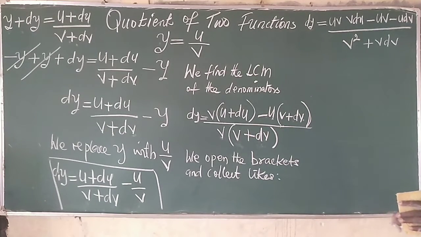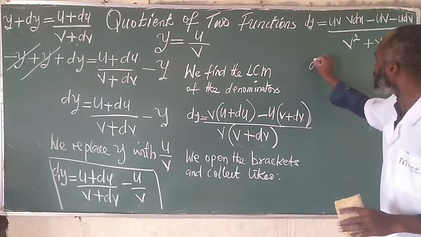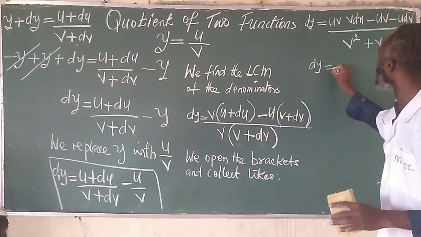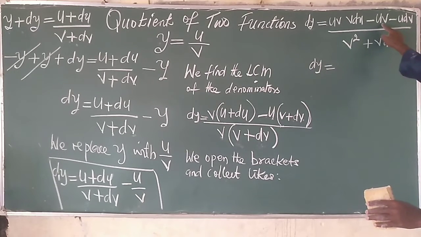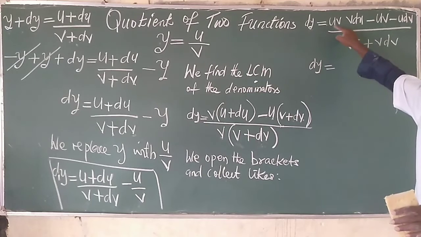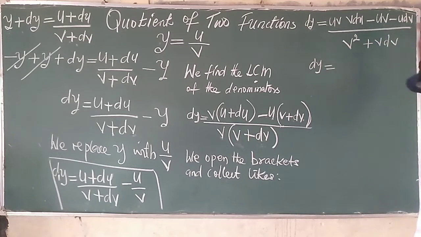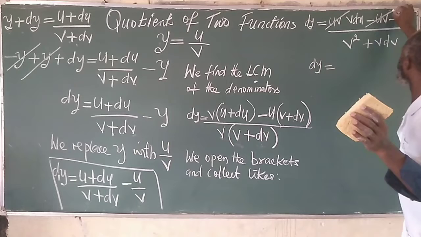Let's see how that works. Du is equal to, where is our like terms? Okay? Look at it. This can cancel this. uv minus uv is gone, so this is gone with this.